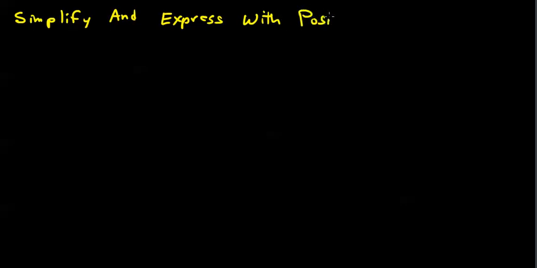Well, I'm going to be using this acronym. Let me digress for a moment here. Simplify and express with positive exponents only. Alright, we're going to be using this instruction very many times today, so I'm going to make a little acronym out of it using the first letters, so I don't have to keep writing this over and over again.